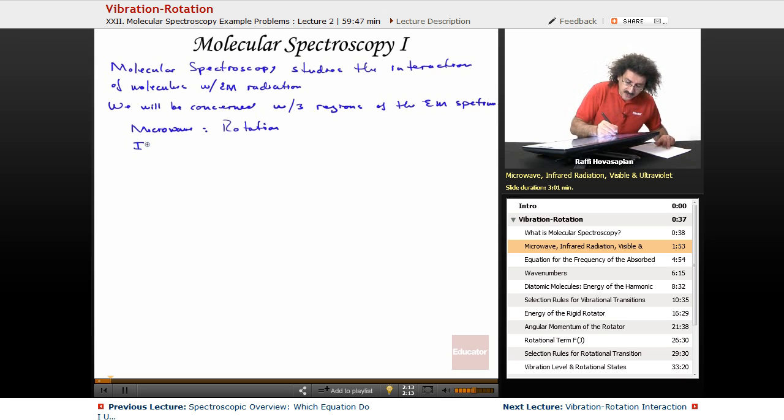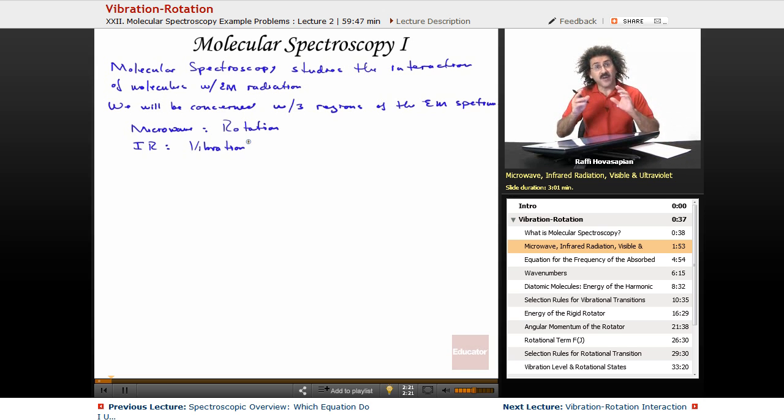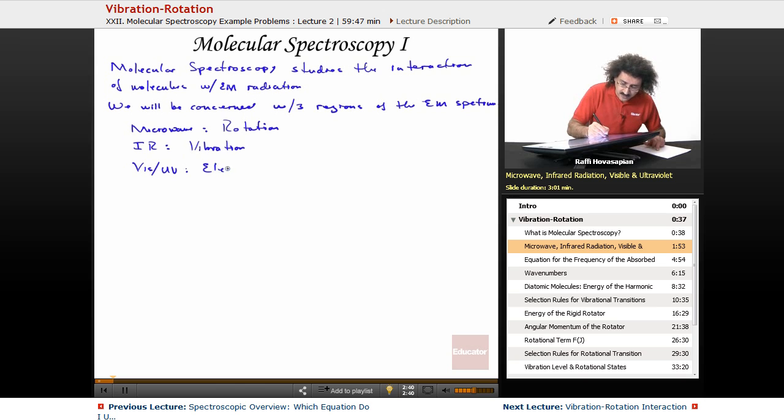And then we're also going to be concerned with the infrared, which is vibration. When a molecule is hit with some infrared radiation, changes in the vibrational levels of the molecule take place. Most of you have already done a fair amount of IR spectroscopy from your course in organic chemistry. And then of course, the last is visible and ultraviolet, which gives electronic transitions.